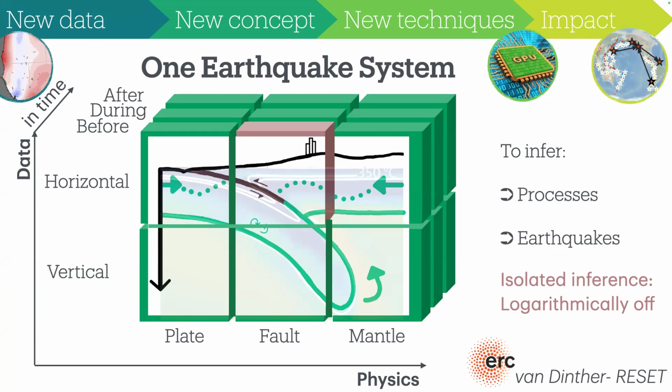And by adding the data of the vertical velocities, we can infer processes and future earthquake locations significantly better. And if we also integrate that system through time, before, during, and after earthquakes, we create one big system where we can use a lot more data and more physics to understand earthquakes.